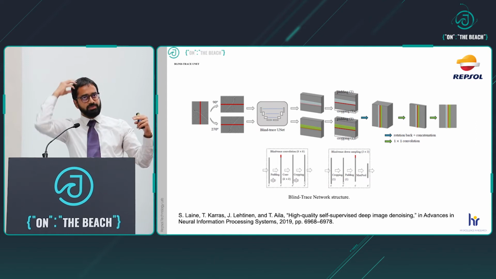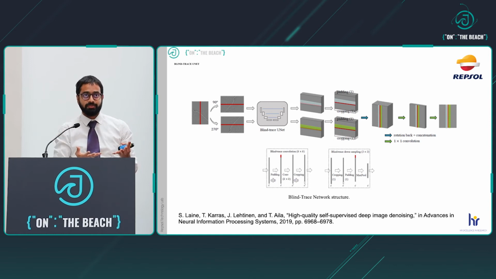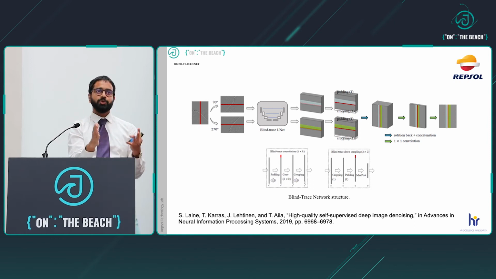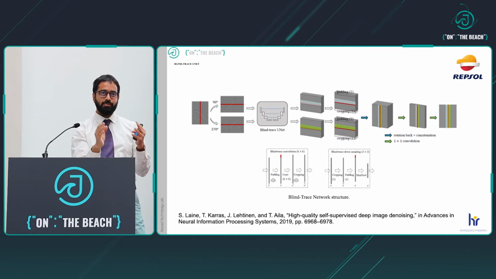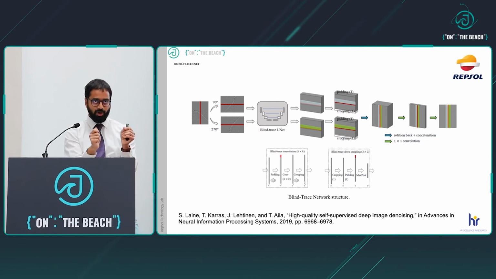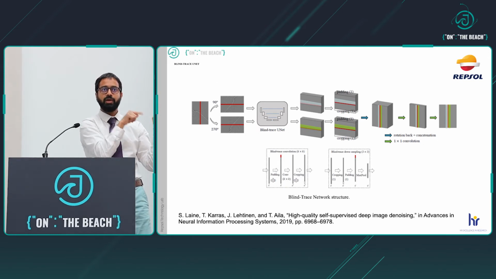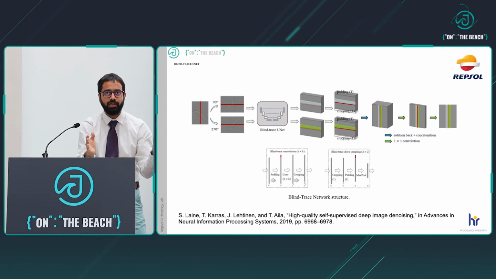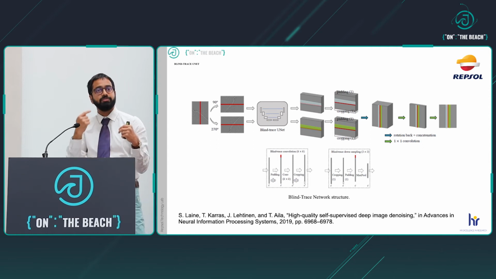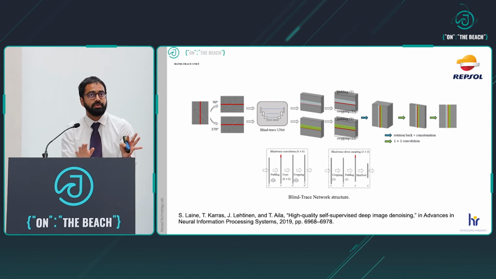There are many ways of doing it. We cannot do that, because if you remember, we have tailored the problem such that the noise is trace-wise. So if you apply this method straight away, it's not going to work, because trace information is coherent and sometimes high frequency, and we don't want to kill it.